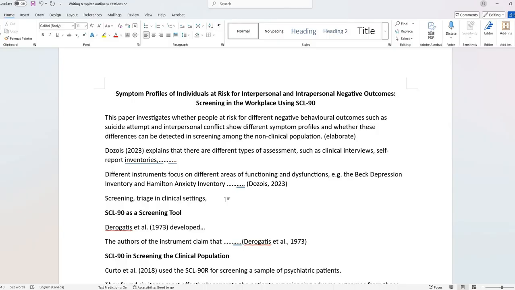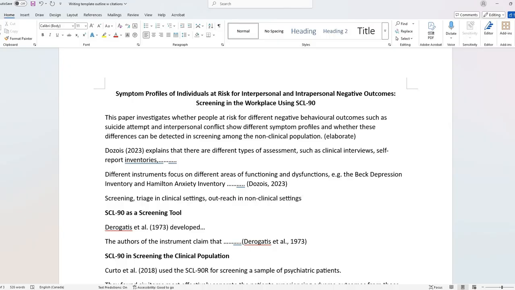In clinical settings, we do screening for triage, but in non-clinical settings, we need to identify people who are at risk for outreach. Outreach in non-clinical settings.